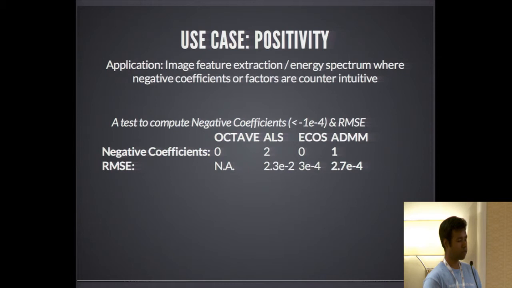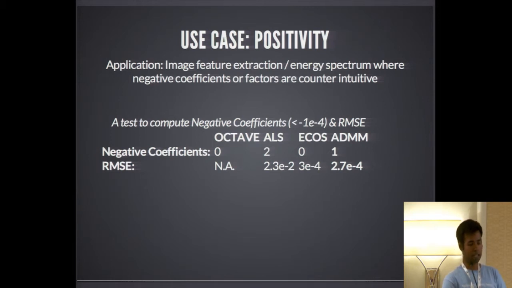Now I will show you some use cases of applying these. The first use case is, what if we have positivity? What we want is that all the factors should be positive. This is very common for cases where you are doing feature extraction from photographs, where you can't have factors with negative numbers.